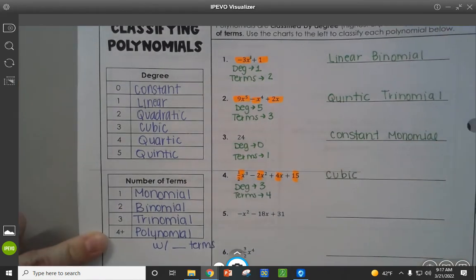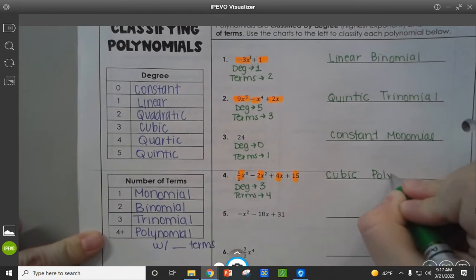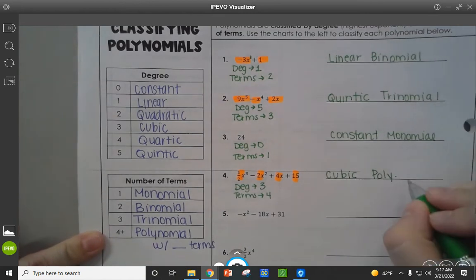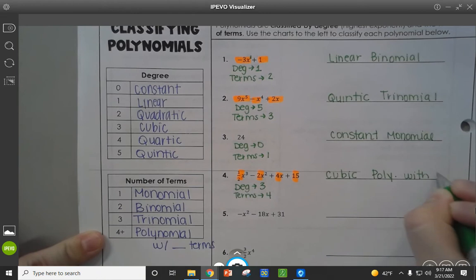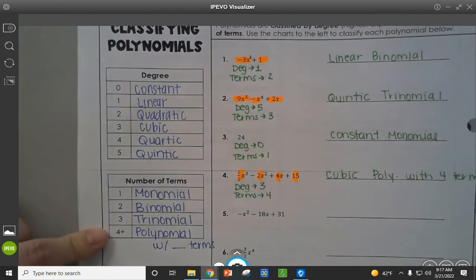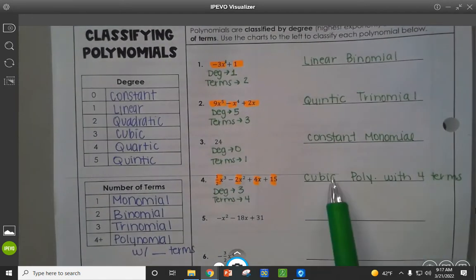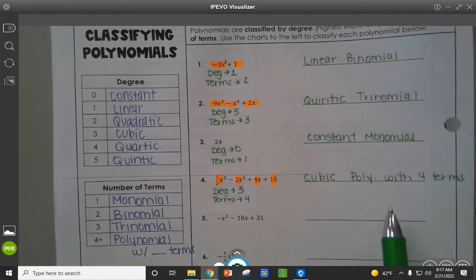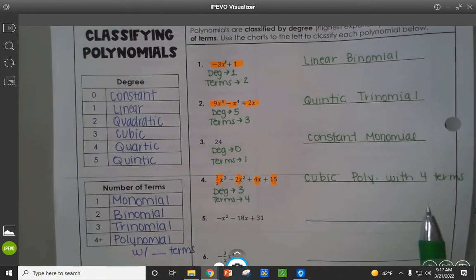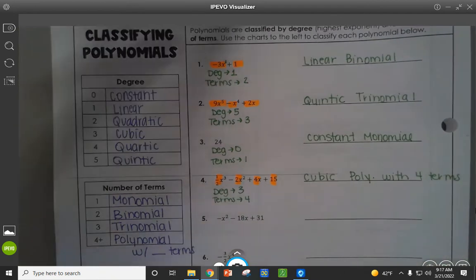And then 4 terms, I'm just going to say polynomial, and you can abbreviate that with 4 terms. Occasionally, you might just see it as cubic polynomial. It might not actually say, though, with 4 terms, but that would be your answer.